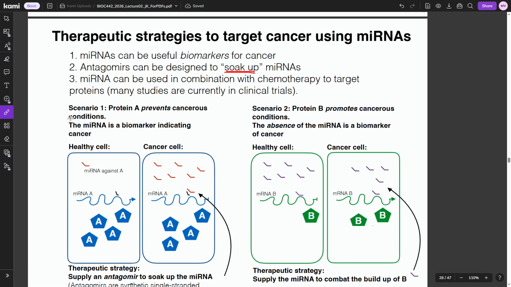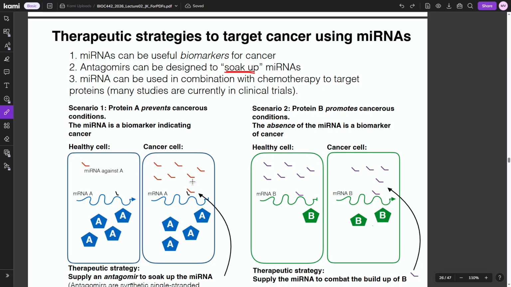So here, if you look at this, I wish they didn't show it like this. That's okay. The healthy cell has a lot of A, right? And the cancer cell has a lot of this microRNA. So what you do is you make an antagomir, and this antagomir binds even more strongly to the microRNA than the strength of the microRNA binding to the mRNA.